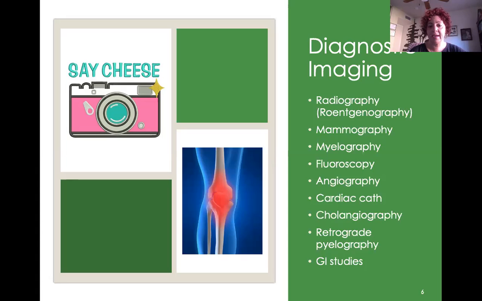And remember, he x-rayed his wife's hand, the first one. And so different types could include mammography, myelography, fluoroscopy, angiography, cholangiography, pyelography, and GI studies.